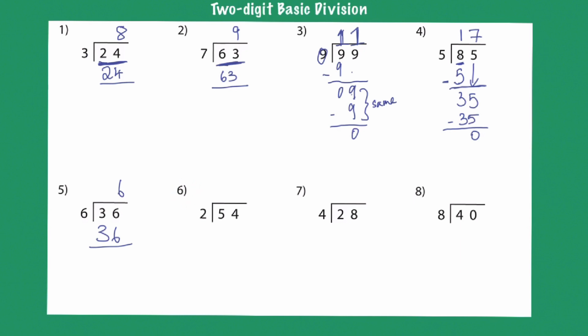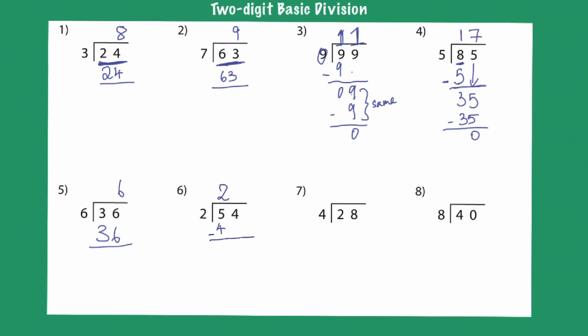Number 6. Now again, you have this as the dividend and this as the divisor. So always look at this one first. Do you think 2 can fit into 5? Yes. 2 times 2 fits into 5 as a 4, because it's less than the 5, so you can find out the number. So 2 2s give me 4.